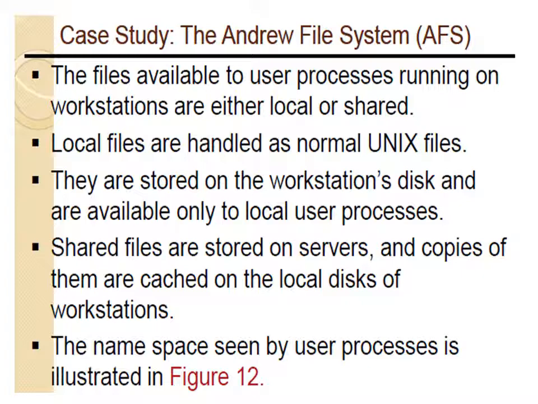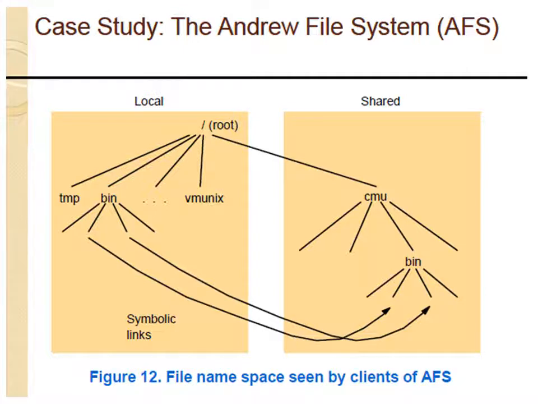The namespace seen by user processes is given in the next diagram. See, this is the file namespace seen by the clients of Andrew file system. There are two kinds of files: local files and shared files. In local files, the namespace is like this.